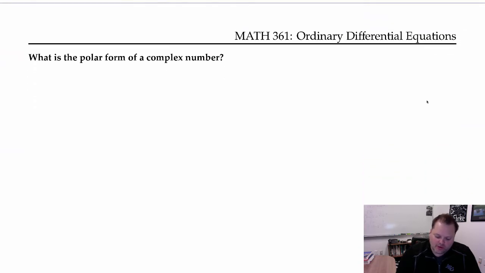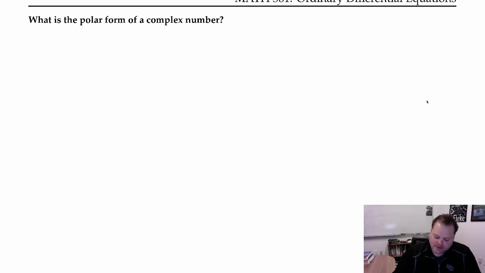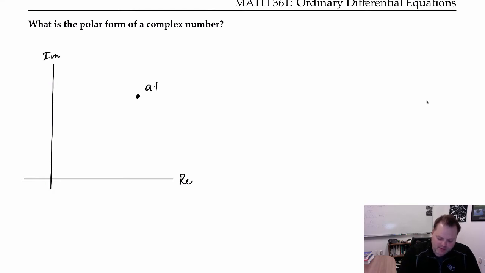All right, polar form. And this is where things start to get interesting for us today. I want us to take that exact same picture. So that exact same picture we just dealt with, you've got an imaginary axis, you've got a real axis. So we're in the complex plane. We're looking at the number a plus bi. Once again, we know that this triangle is important.